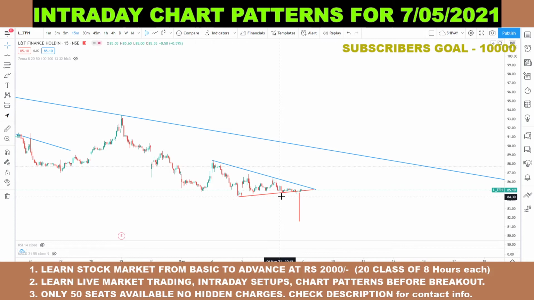What can happen tomorrow? If the stock goes below this, it will come towards this target 81. If it goes above this, it may go till 89.25. So let the candle close above this resistance line, then only consider buying, or close below this resistance line, then only consider selling below 84.5.